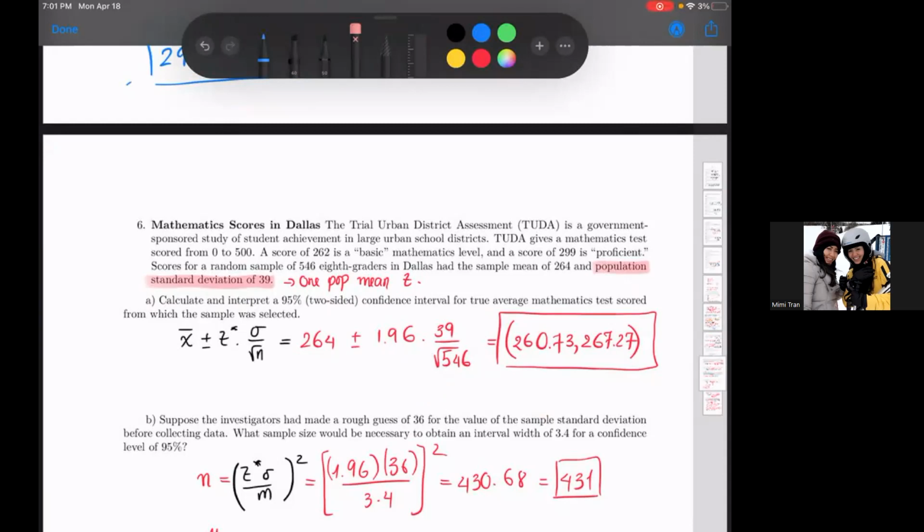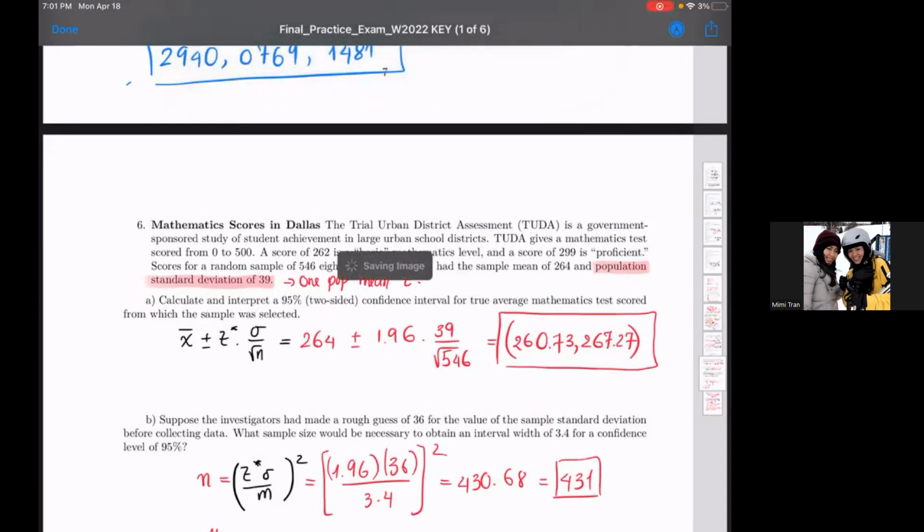Good. Also, how do I know if it's going to be mean or proportion? Sample mean, right? So you just use the elimination method. I always use that. It works.